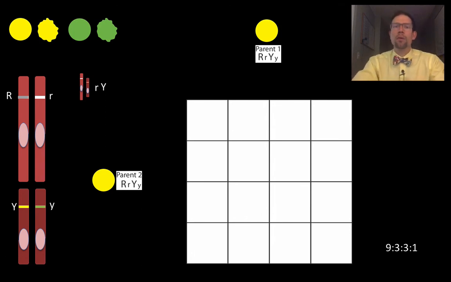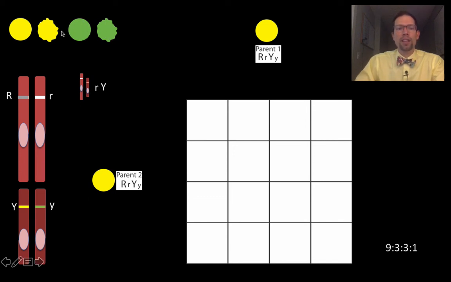So Mendel did more experiments than just looking at flower color. Another trait that he would look at was seed color, and then another one was seed shape. And what he found was that the dominant phenotype for seed color was yellow, and the recessive trait was green for seed color.